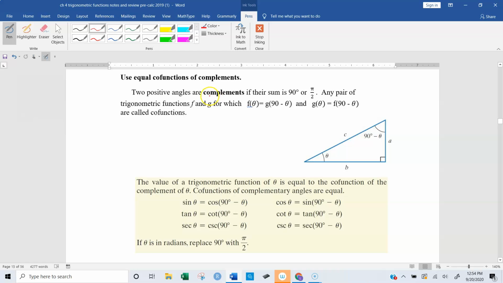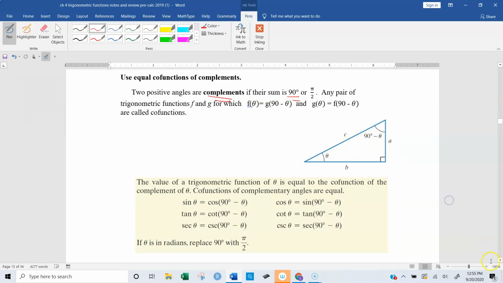Okay, 2 positive angles are complements if their sum is 90. That's why our 30 and our 60 work so well together. They're complements of each other. All right, so 90 degrees, or pi over 2, is what they add to. And we know if I have the function of theta, so if the function of 30 is equal to g, the second function, the cosine, of 90 minus 30, is what this is saying.